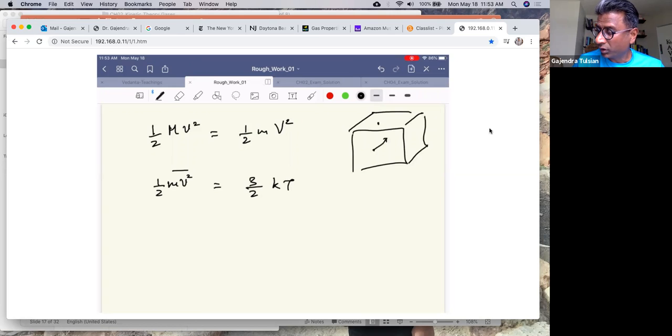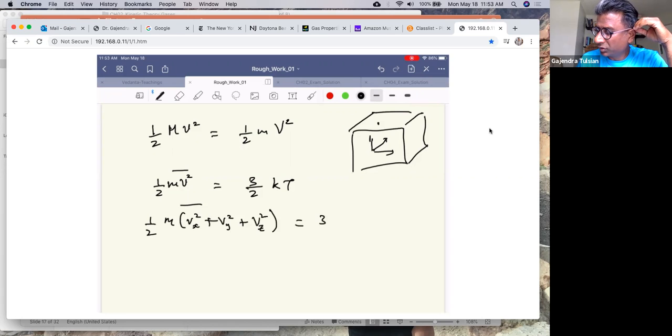It has equal freedom to move in all directions. So now this is 1/2 m times the average of Vx squared plus Vy squared plus Vz squared. And this is 3 times 1/2 kT.